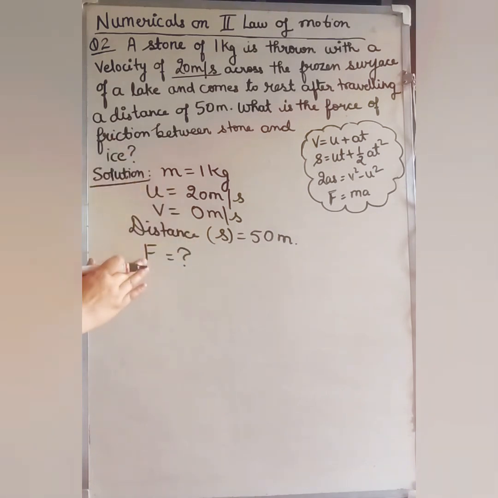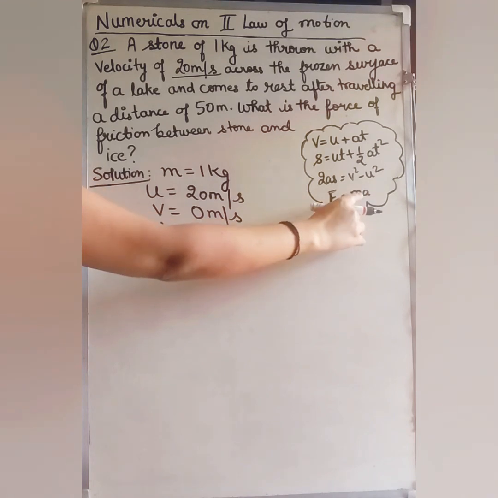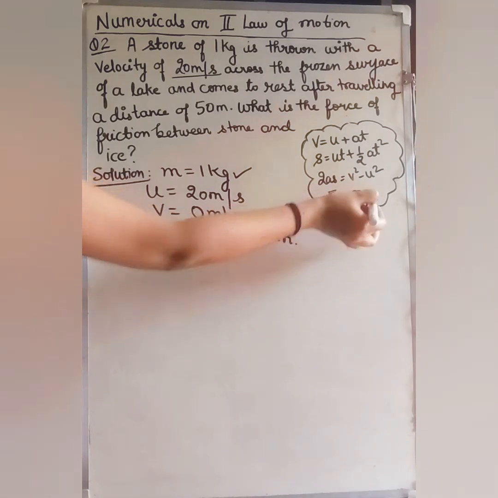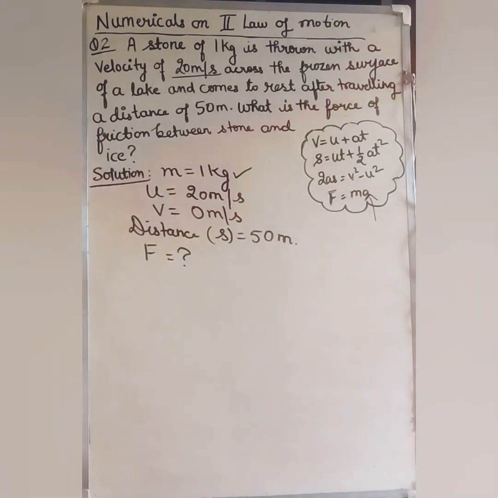Now see, to find out the value of force of friction, you should have two things. You should have mass and you should have acceleration. Mass is given to us but acceleration is not given. So the first thing you will do is to find out the value of acceleration. Now how can you find out the value of acceleration from these three things?